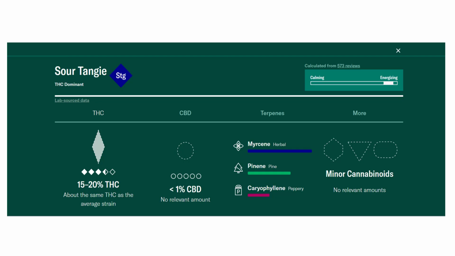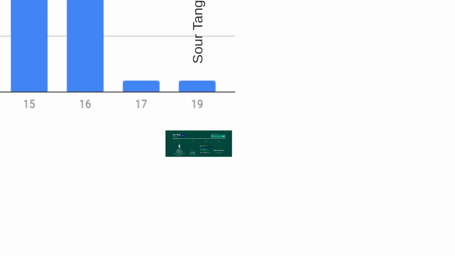But when we take a look at the reviews, this strain is largely energizing. So when I ask you to take a look at the 2 terpenes that you think are predictable in their response, myrcene is typically associated with what we call a couch lock effect or a sedative effect. But in this case, we're seeing where myrcene has an energizing impact.